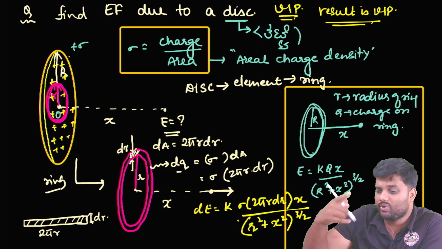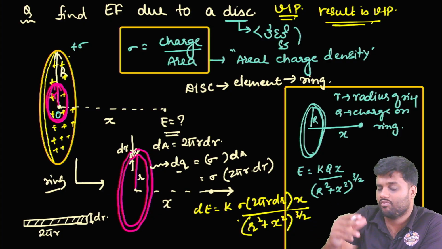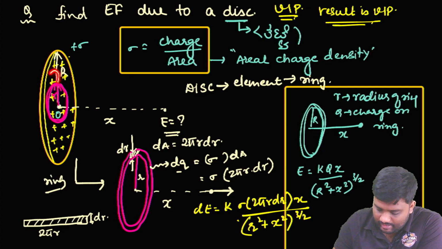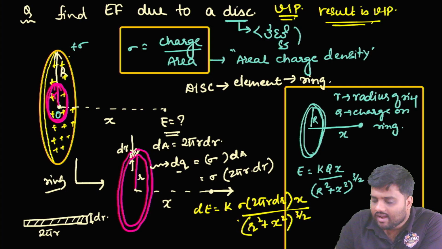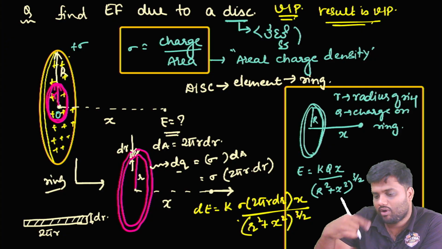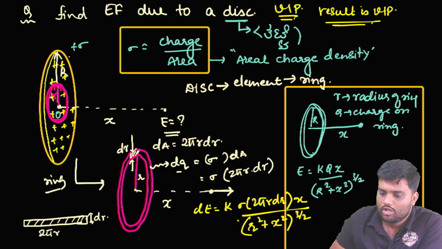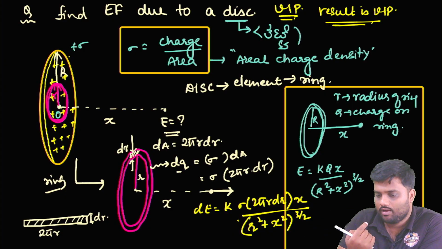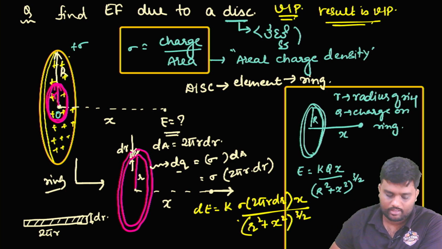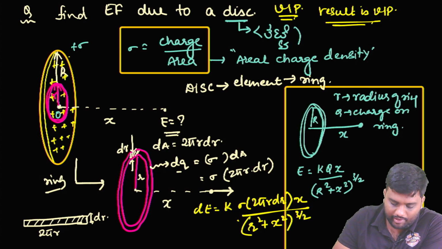In the same way, you are going to consider a number of rings, up to the radius r. So due to all those rings, what is the total electric field at that point O, at the distance x, you need to find out.